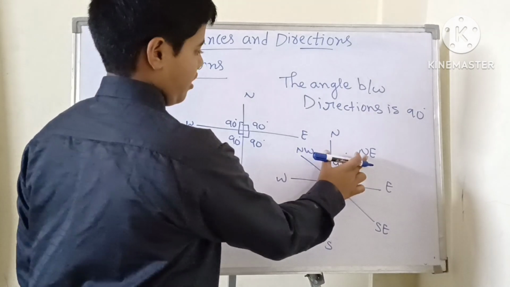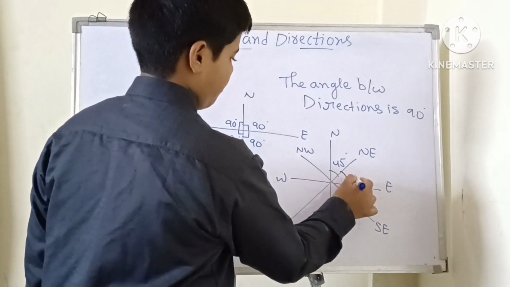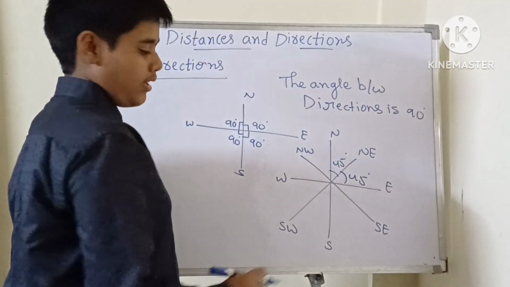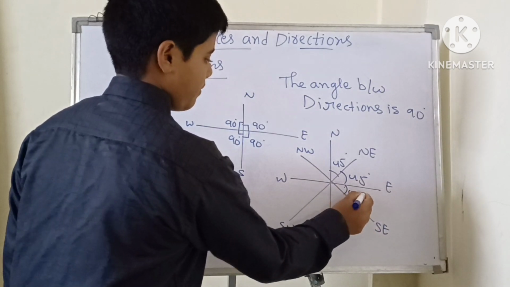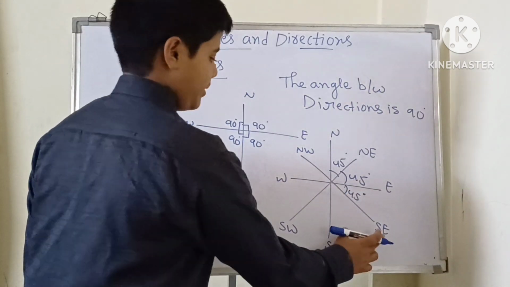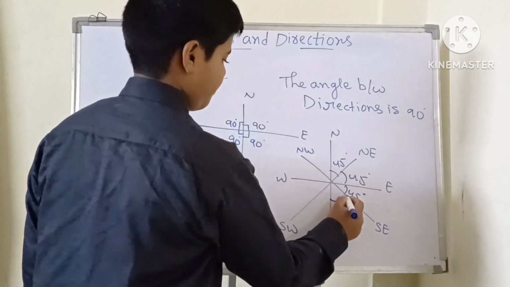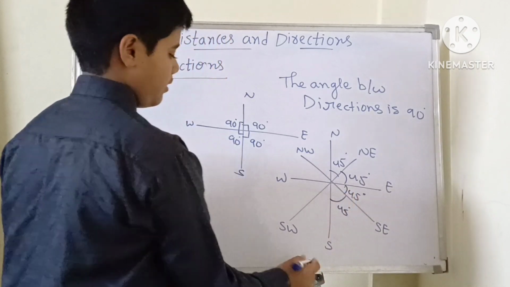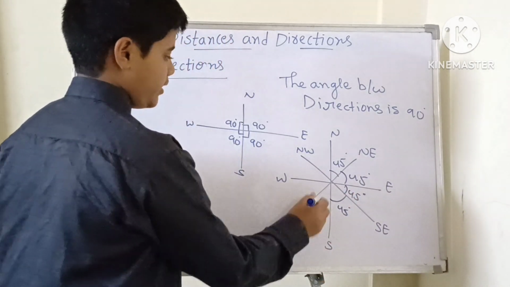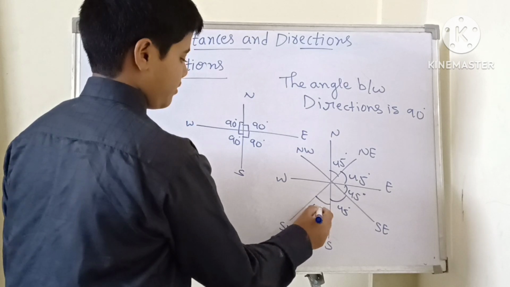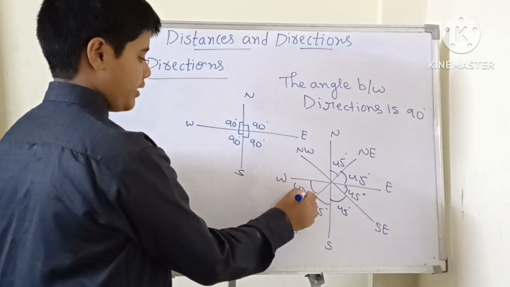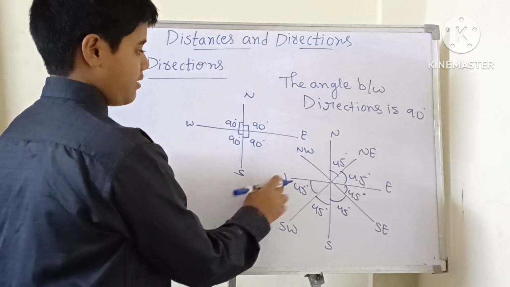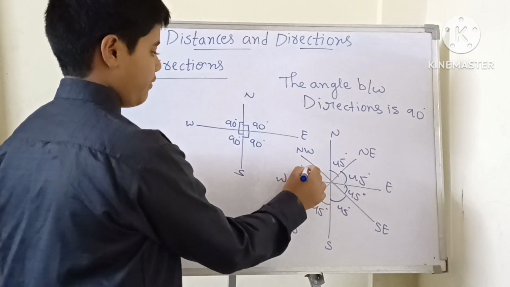And the angle between northeast and east is 45 degrees. And the angle between east and southeast is 45 degrees. And the angle between southeast and south is 45 degrees. And the angle between south and southwest is 45 degrees. And the angle between southwest and west is 45 degrees. And the angle between west and northwest is 45 degrees.